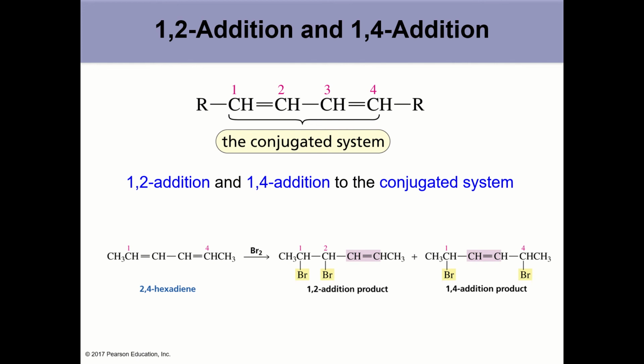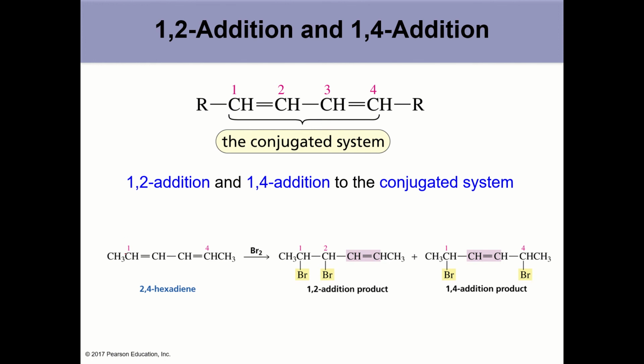We are using these numbers to number the pi carbons in the conjugated system, and then using those numbers to find the 1,2 and the 1,4 addition products, because for certain alkene reagents, we're always going to form two products.